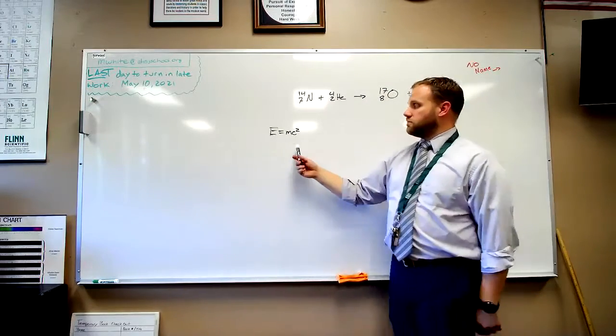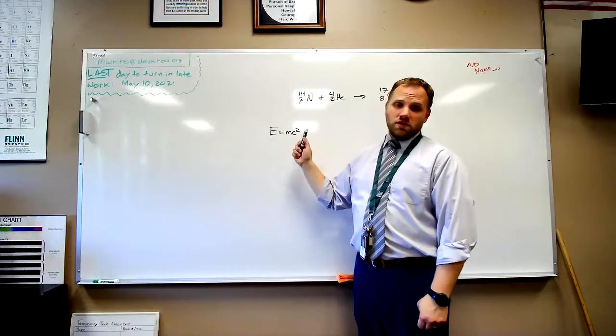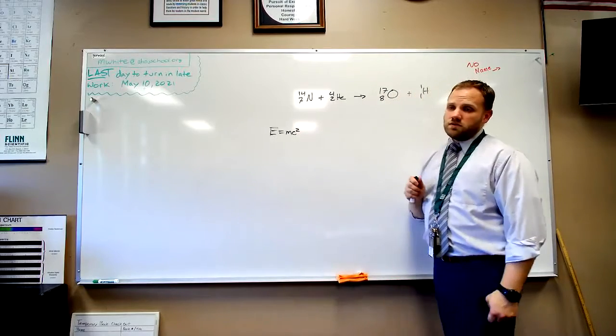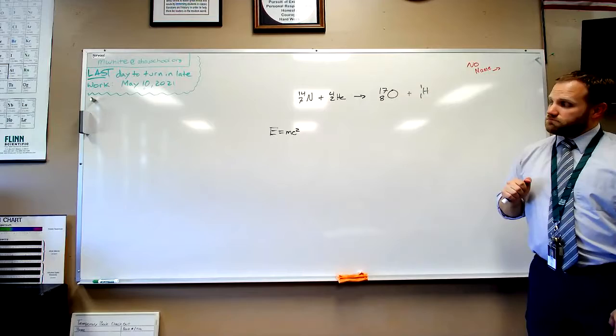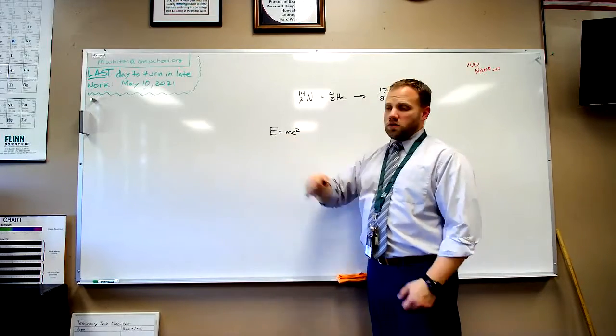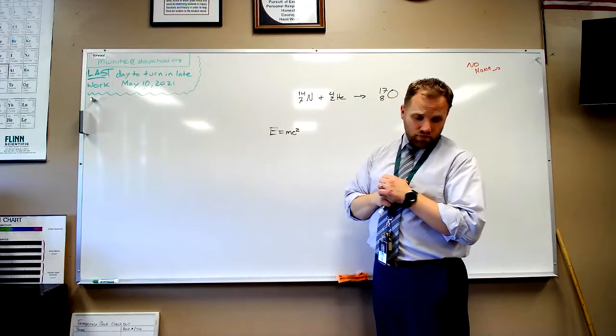The speed of light is a constant, like we said, in a vacuum. It is on the front of the test cover page. So, anyway, we can calculate energy.